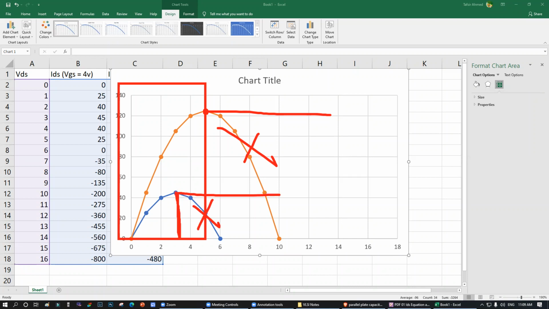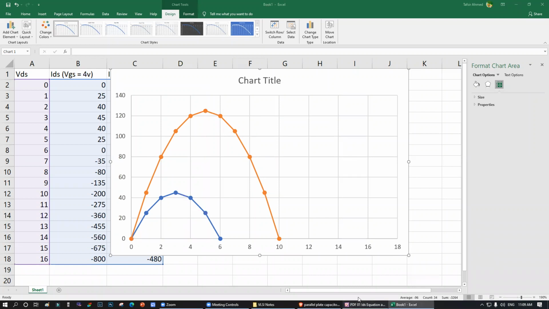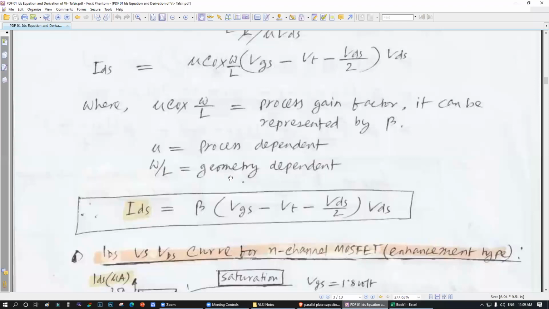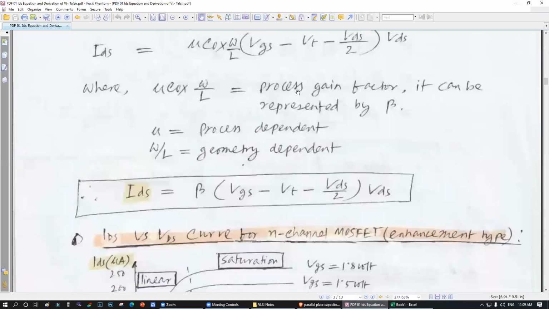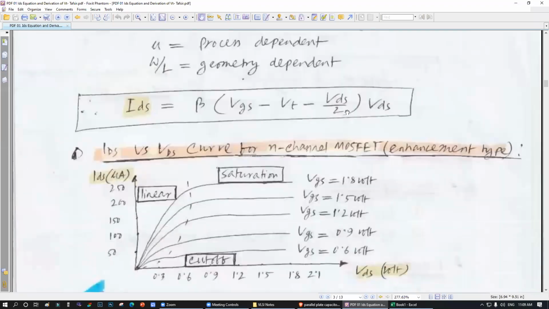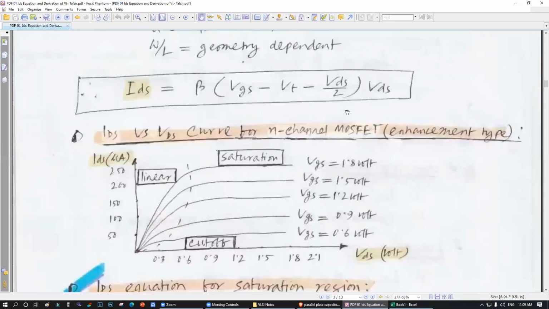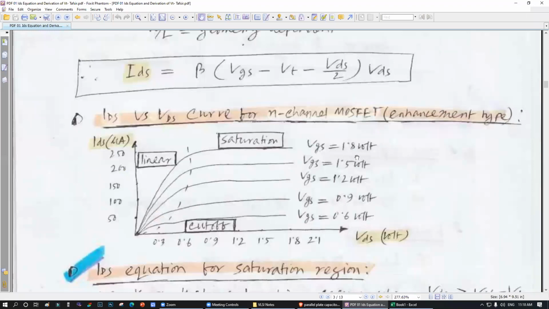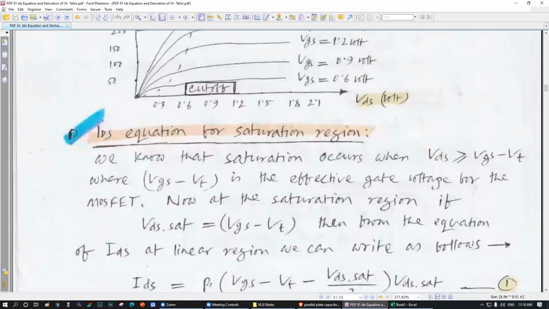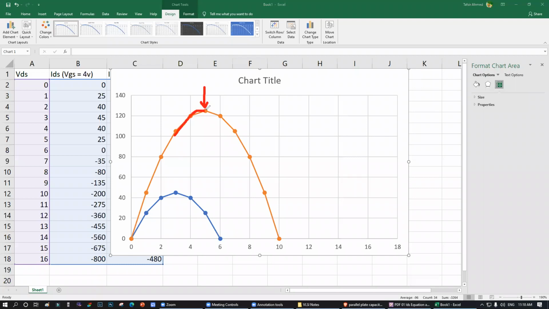That's why this equation is for linear region. Got my point? So for saturation region, the equation will be different. Here, before this point, it was linear.